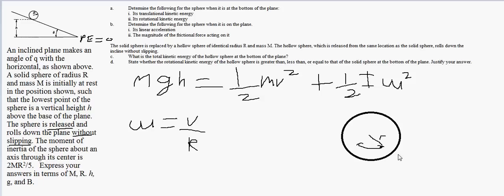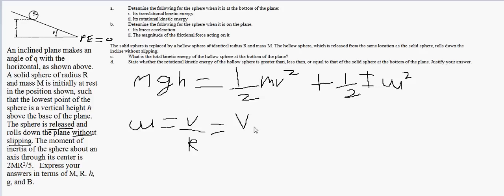So we can say that this velocity we're going to choose to be the velocity at the edge, and I'm going to say this is r. We can choose any r and its equivalent velocity. So we are choosing the velocity at the edge.